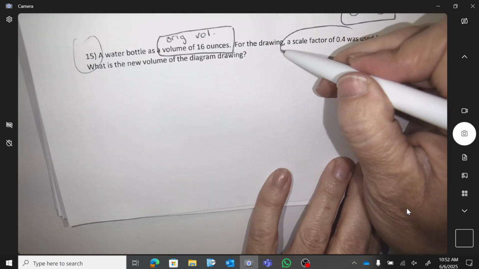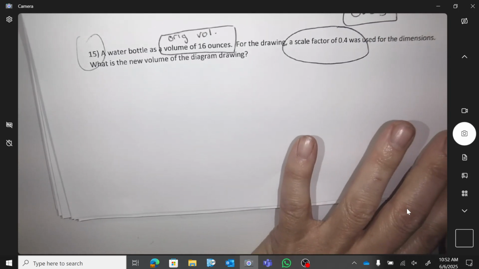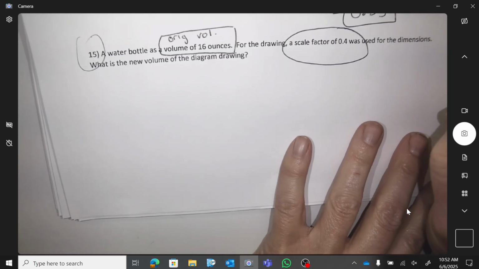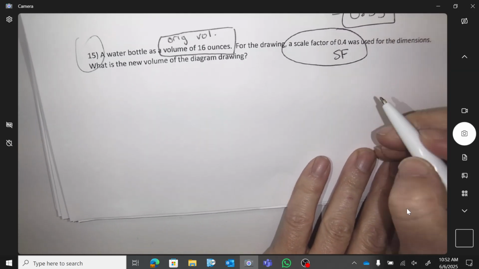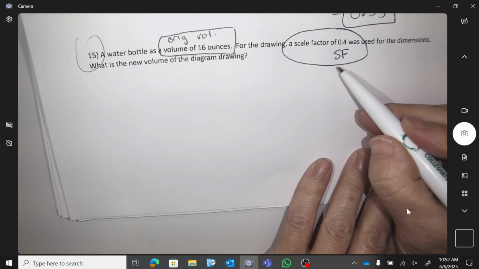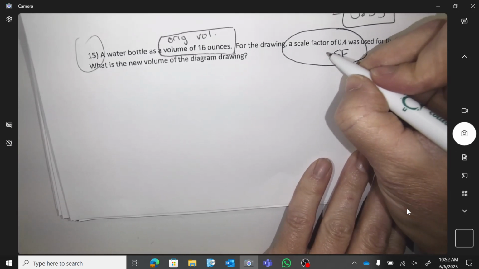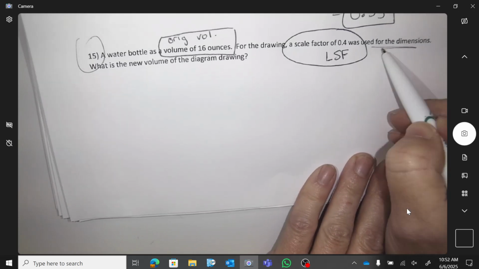For the drawing, you used a scale factor of 0.4 for the dimensions of it. So this is a scale factor for what? Linear, area, or volume? Linear, because it says for the dimensions.